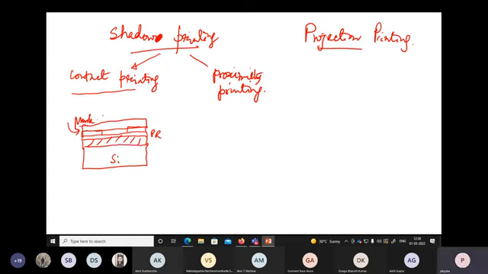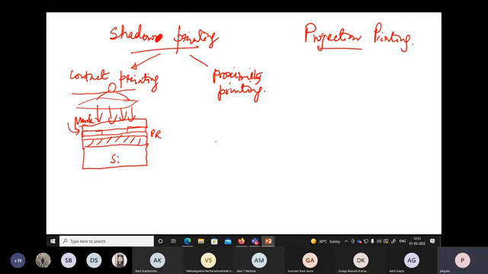And then I have a lens and a UV source, from which I will get UV light. So here, as the name suggests, in contact printing the mask and the substrate are in contact. You see, the mask is on top of the resist.